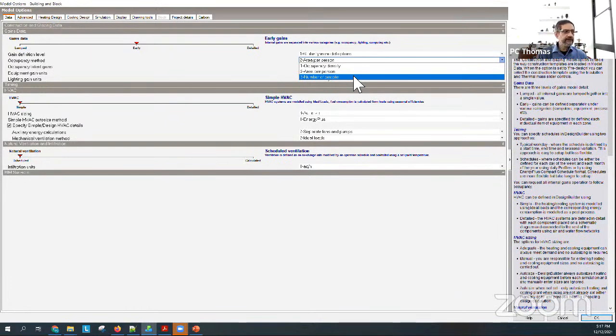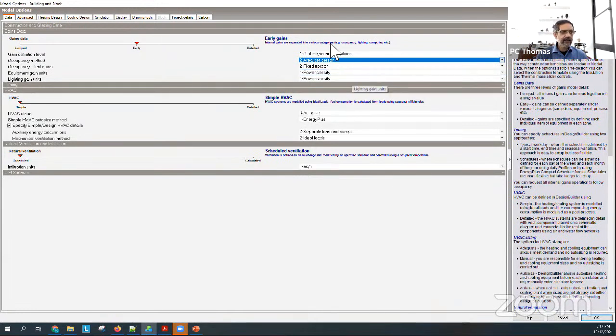You can do that. Or the default is occupant density: how many people per square meter? So you'll get some funny number like 0.11 person per meter square, approximately 10 square meters per person. You can decide whatever best suits your project, and you can put that on. I've put area per person.